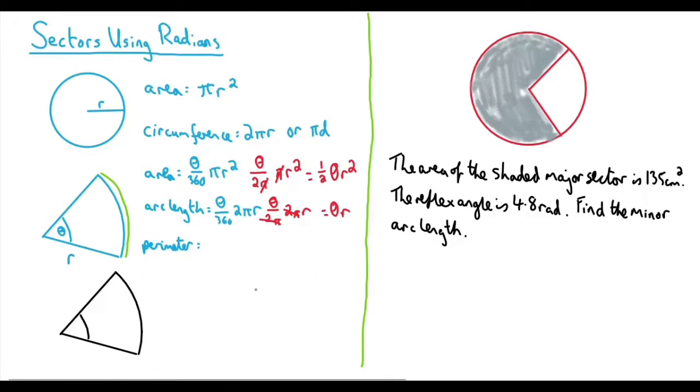Having got these, therefore, just the other thing we want to talk about regarding sectors is the perimeter. Before, the circumference was the whole perimeter of the circle. But here, this fraction of the circumference, well, that's only one edge. We've also got these lines here. If this is the centre of the circle, and then this is to the edge, making that the radius, then this other line is going to be the exact same.